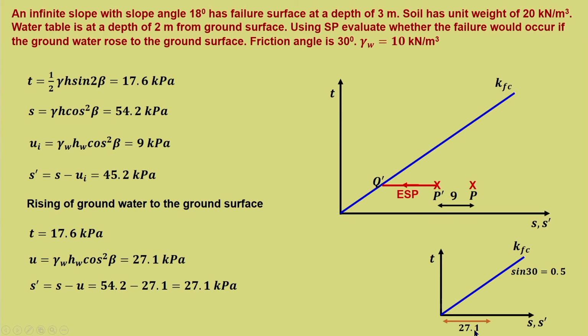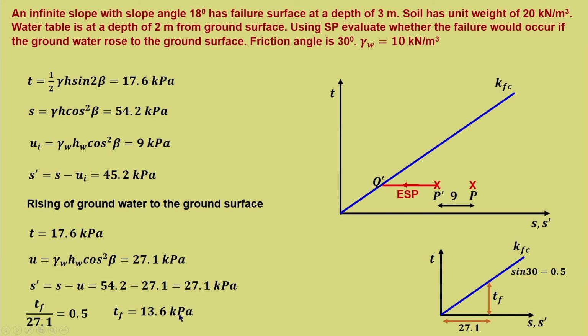Now, let us say that this distance, now S dash is 27.1, where it is and what will be the strength available at this particular point. Let us try to see. So, T F is the strength which is available at S dash of 27.1. Now, here it is 27.1. So, T F divided by 27.1 equal to 0.5.